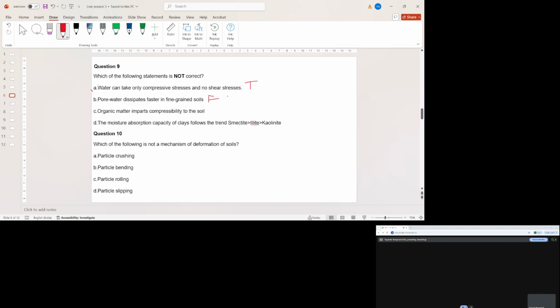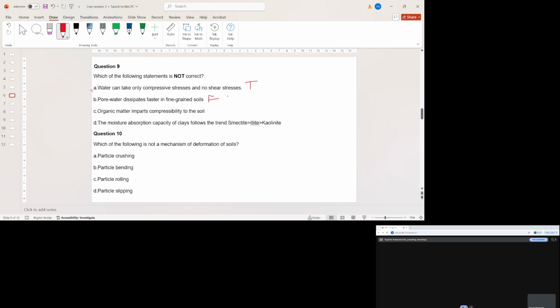Coming to the third option, organic matter imparts compressibility to the soil. That is true for two reasons. One, organic matter has the tendency to hold water.